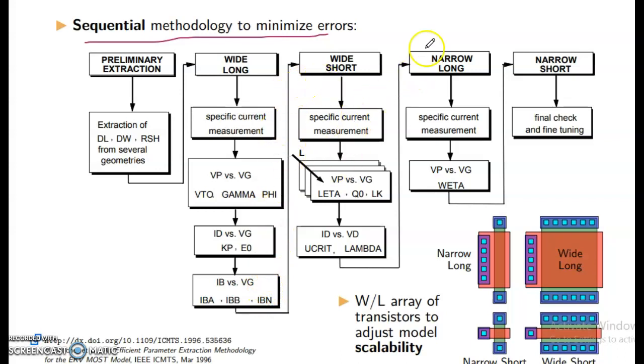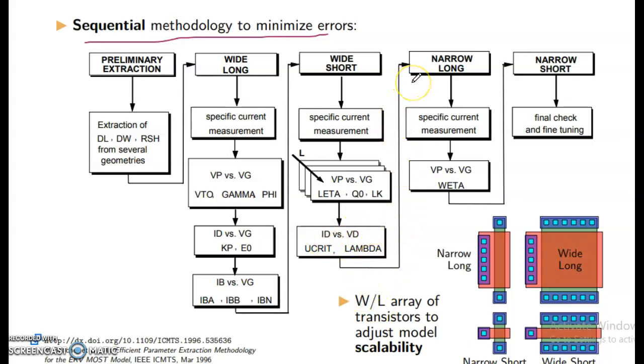It will connect to wide short. Specific current measurement, VP versus VG, length vector Q0, LK. ID versus VD gives UCRIT, lambda.